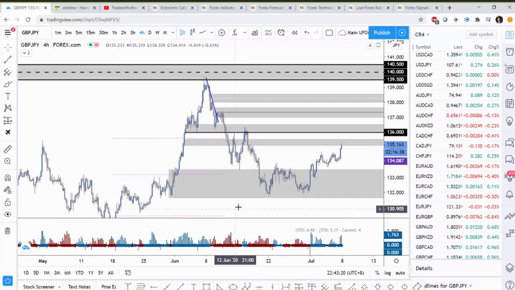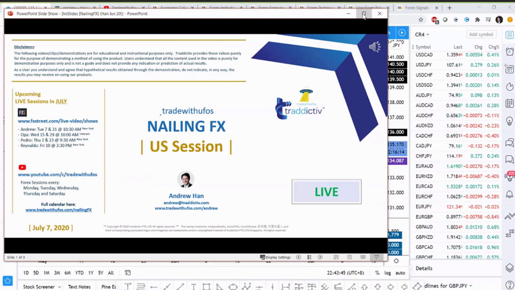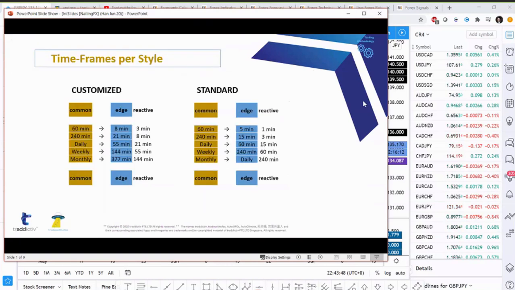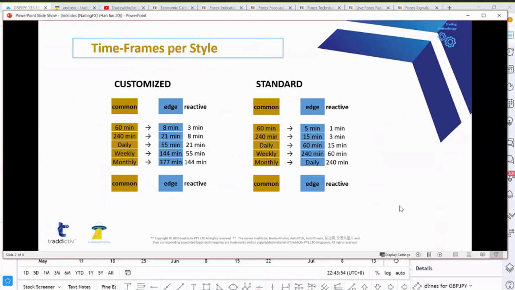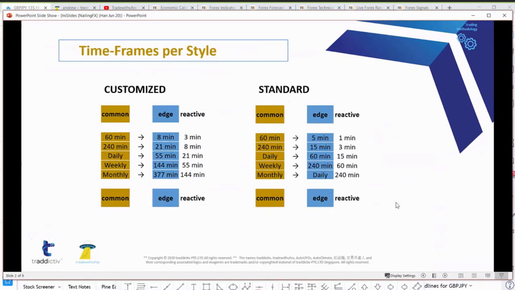Now, how we use the auto climate really is aligned to how we look at timeframes, and this is just to give again a little bit of orientation about some of the technology that we have available and that we use in our decision-making process, or part of our decision-making process. A lot of that is aligned to the type of style that you may have as a trader.